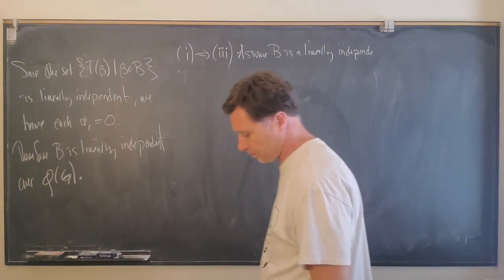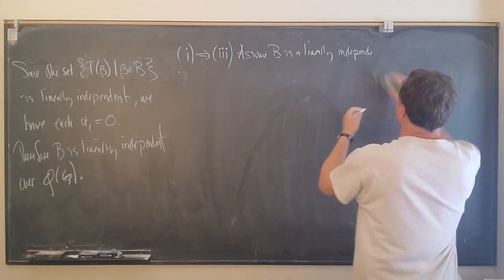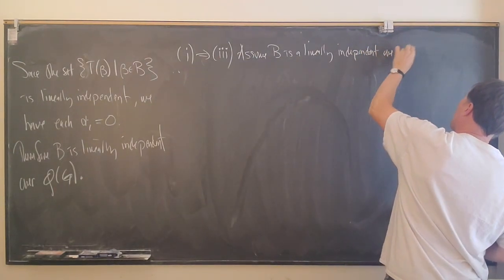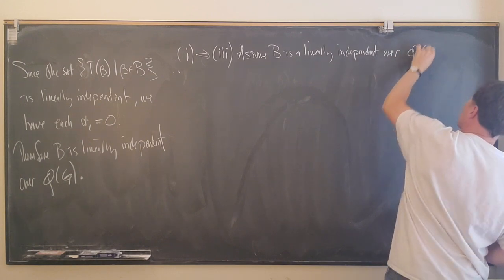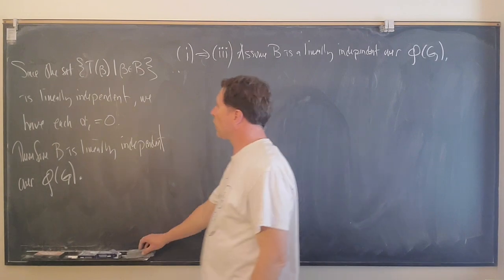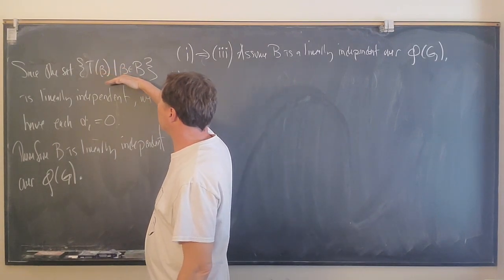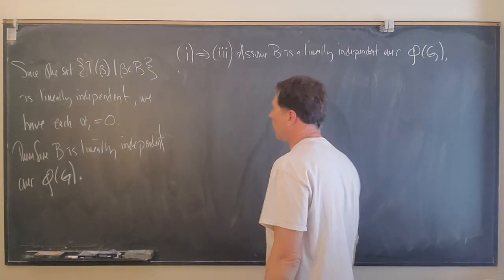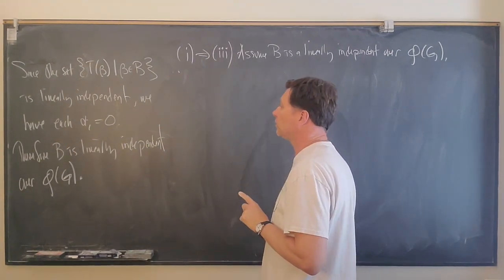It's linearly independent over phi of g. And now what we need to do is show that this set right here is linearly independent over L, right?